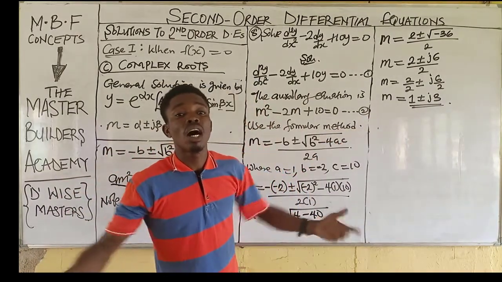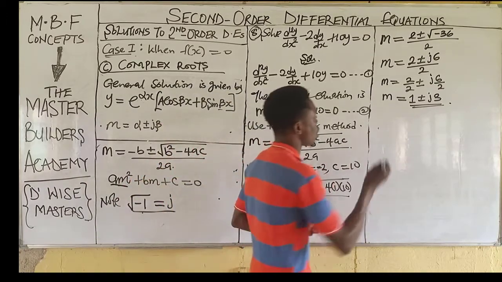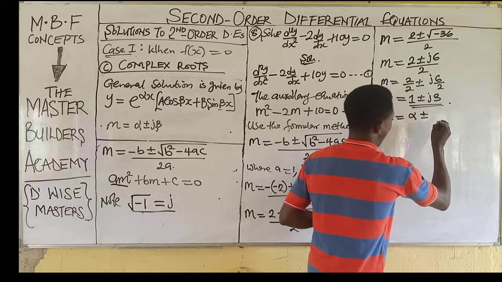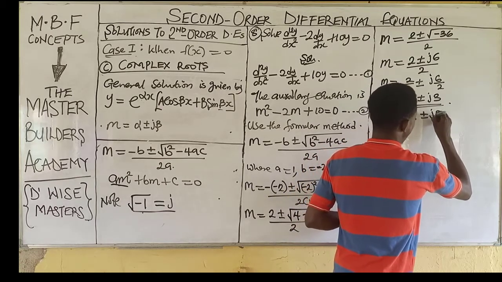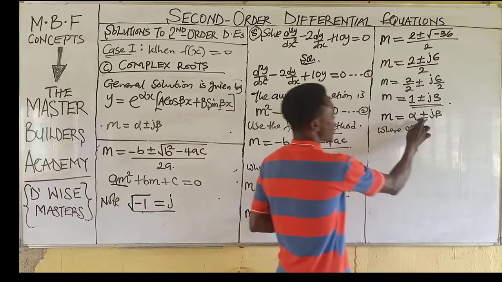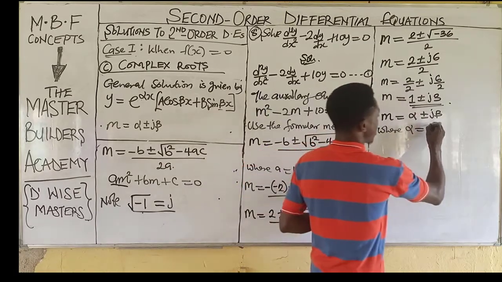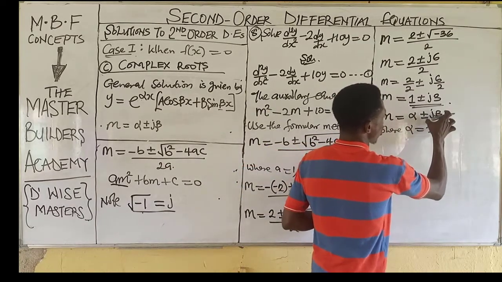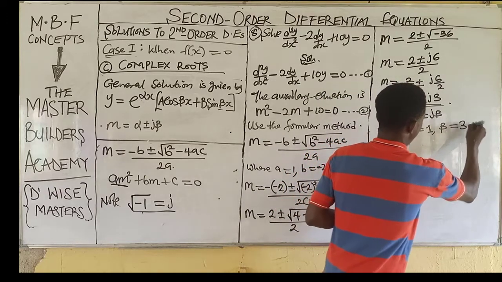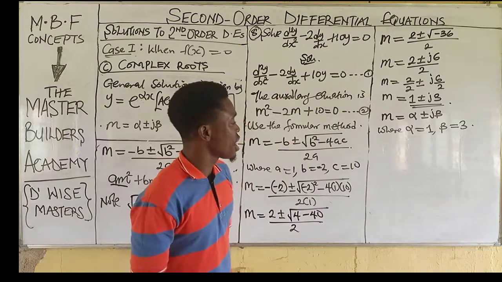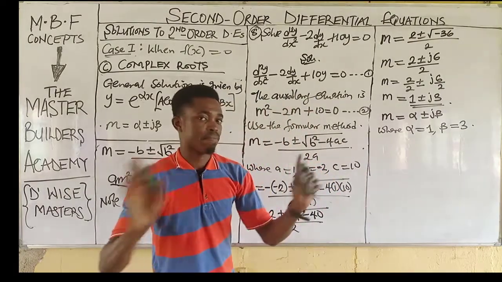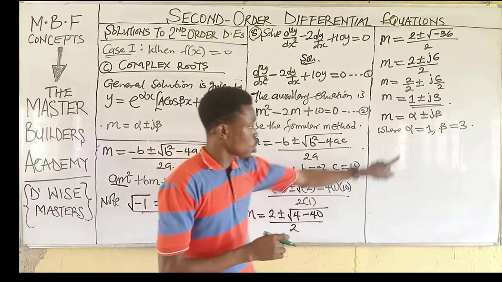What do we do here? All we simply do is to recall that m is equivalent to alpha plus or minus j beta. When we compare this to this, alpha is 1. And when we compare this to this, beta is 3. That's all. All you need to do here is to recall the general formula to provide a solution to complex roots.